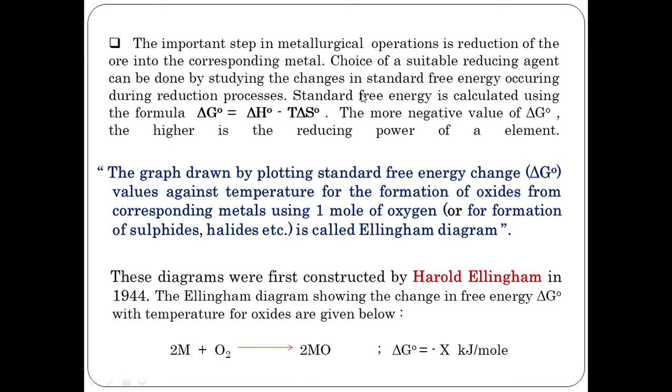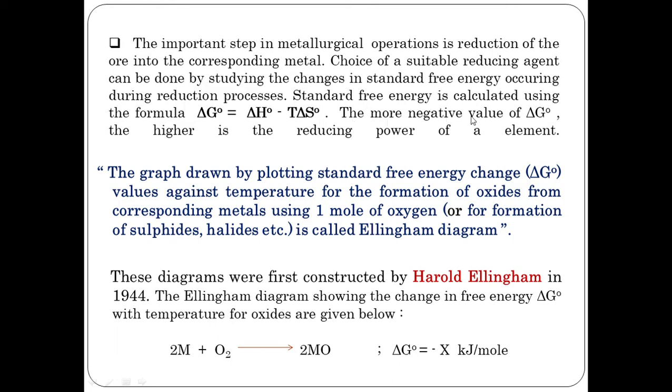So, the standard free energy is calculated using the formula delta G naught is equal to delta H naught minus T delta S naught, where delta G naught is standard free energy change, delta H naught is standard enthalpy change, T is the temperature in Kelvin, and delta S naught is standard entropy change.